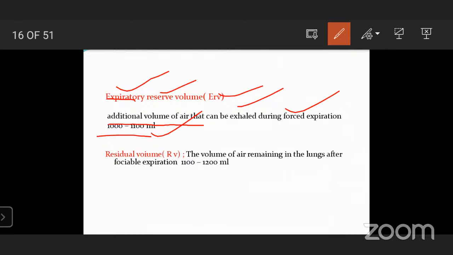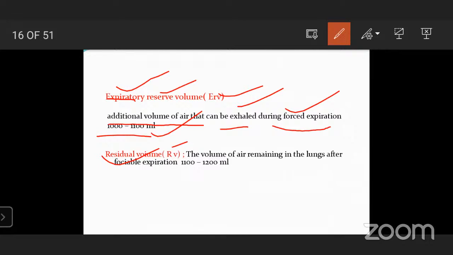Whereas IRV is the additional volume of air that can be inhaled during forced inspiration, here it is exhaled during forced expiration. And next, the very important residual volume, RV.